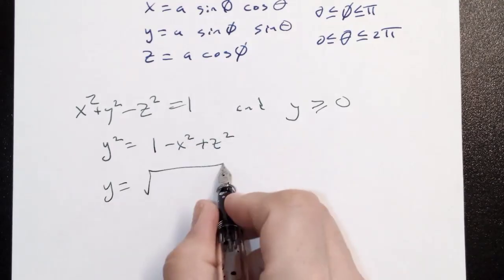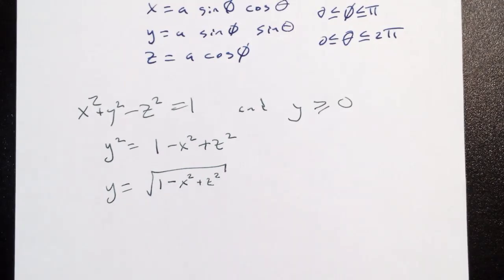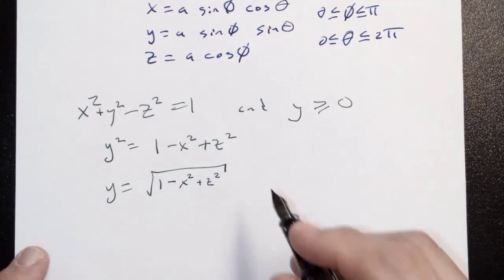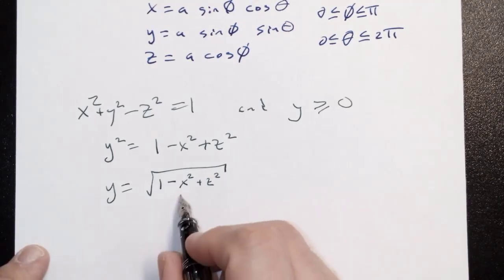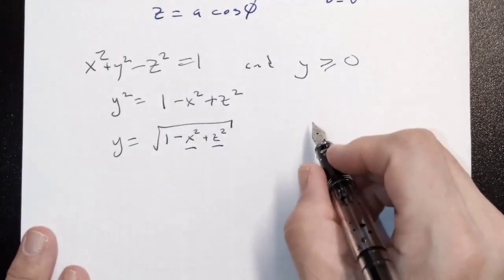And since I know I want y to be positive, I can use the positive square root. And now this surface is defined in terms of the two variables x and z. So I could think of this as a set of parametric equations.